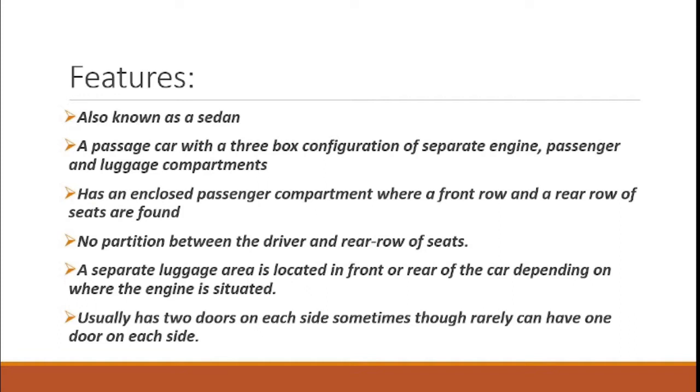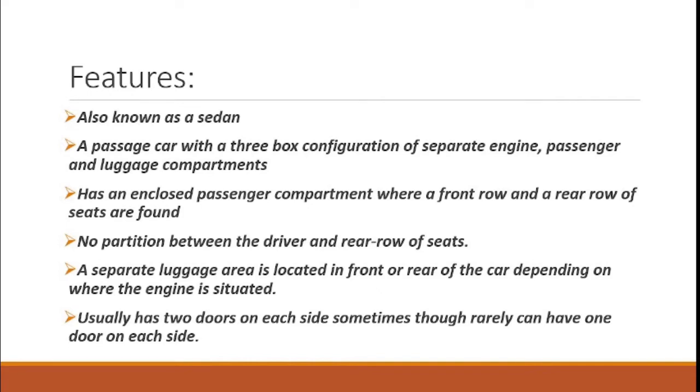It has an enclosed passenger compartment where a front row and a rear row of seats are found. There's no partition between the driver and the rear row of seats. A separate luggage area is located in front or rear of the car depending on where the engine is situated. Usually, it has 2 doors on each side.